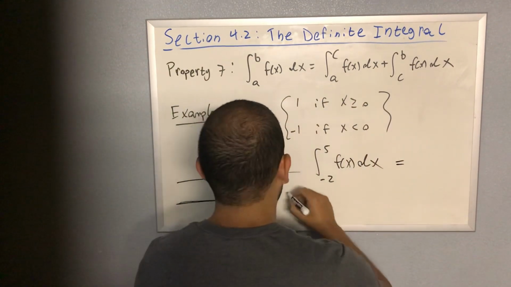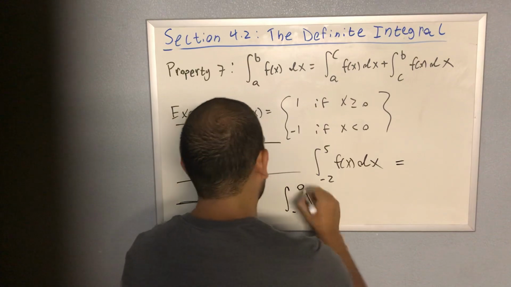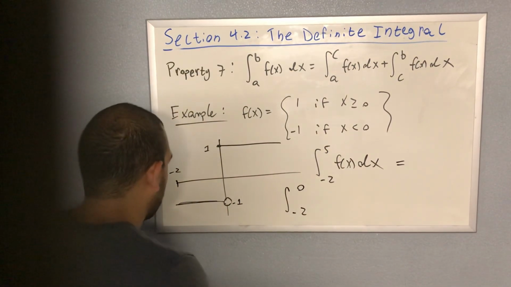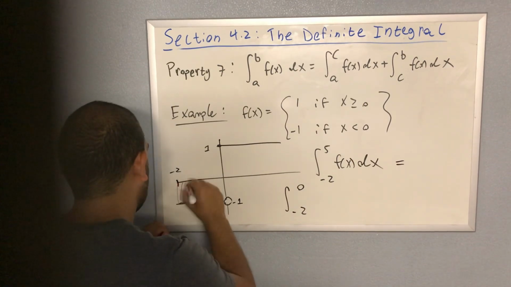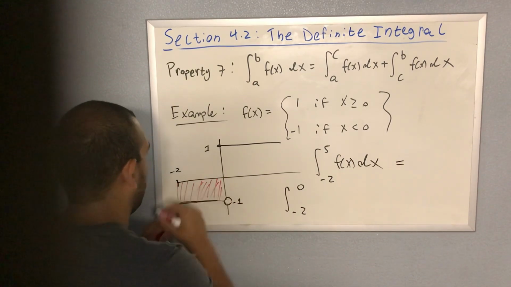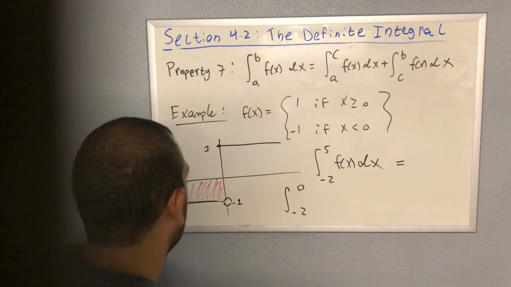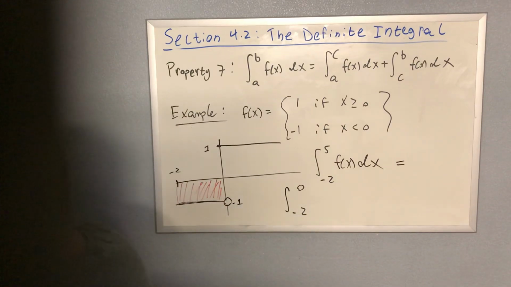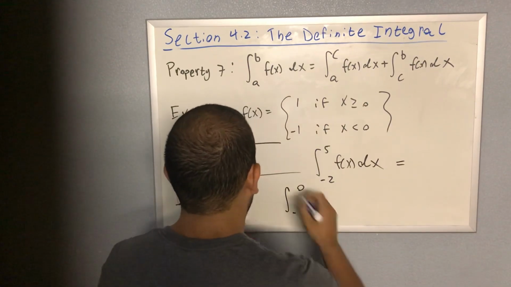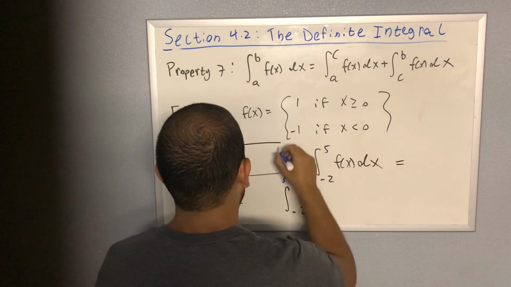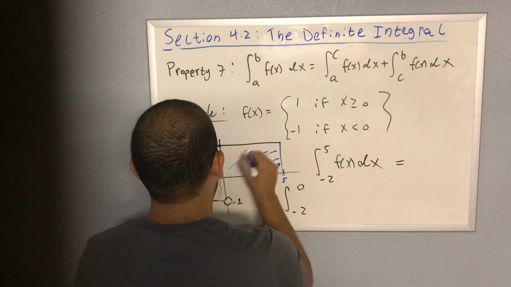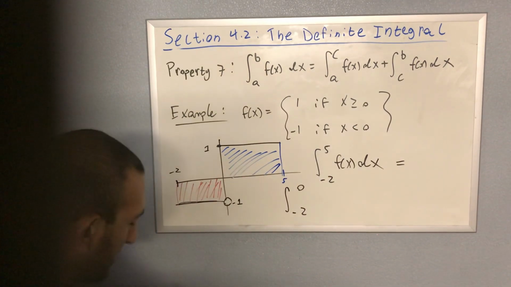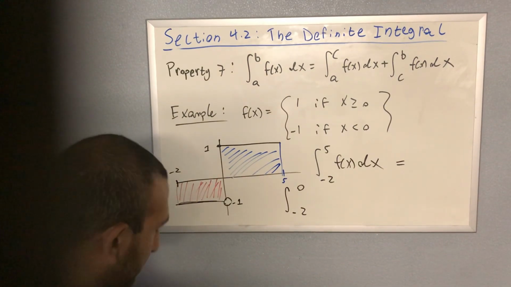One piece is going to be from -2 to 0. So let's say this is -2, meaning that we're going to find this area. And then let's say that this is +5. So there's this area. So this is asking, if you add these two areas up, what do you get? That's basically what the answer is.